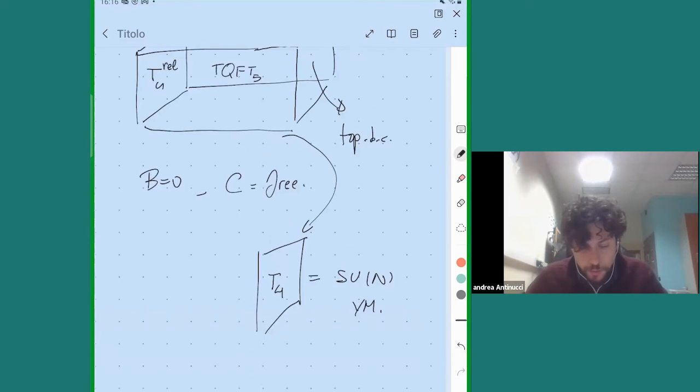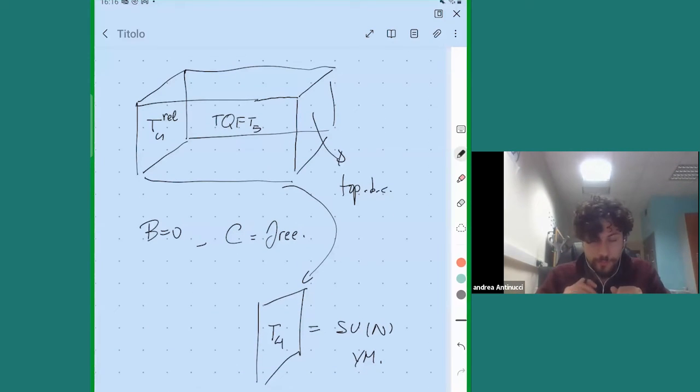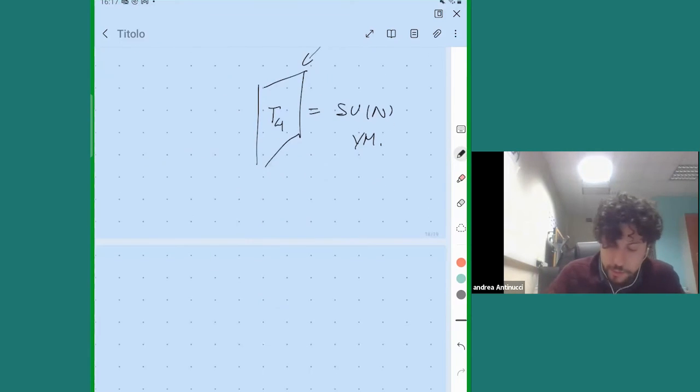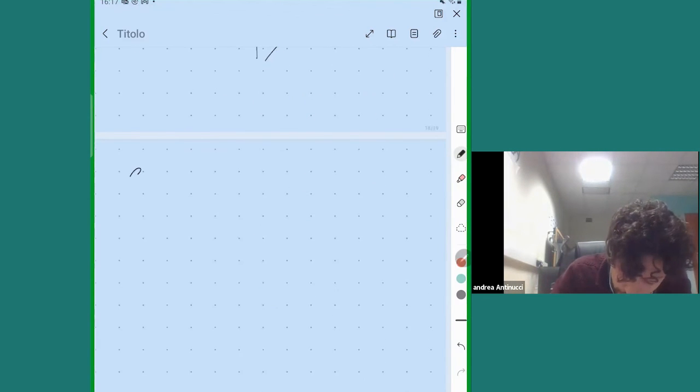But now what we can do is fix the bulk TQFT, fix the boundary, let's say the relative boundary, and we start changing the topological boundary condition. So another topological boundary condition that we can impose is C equal to 0 and B free.